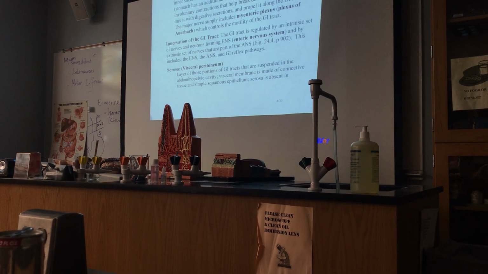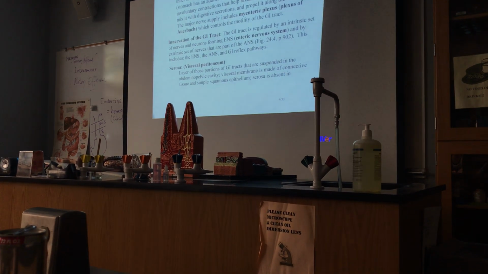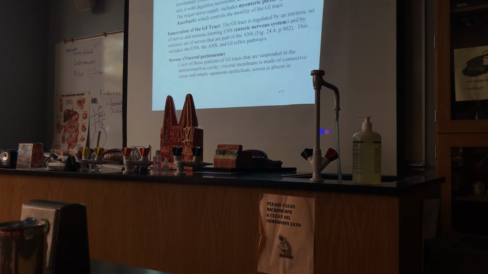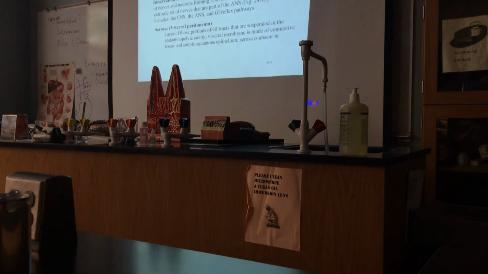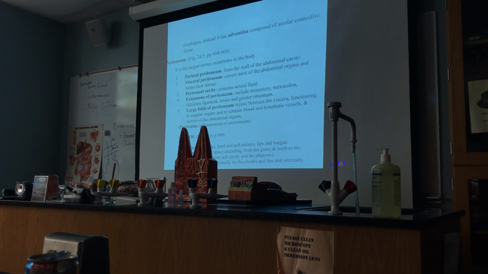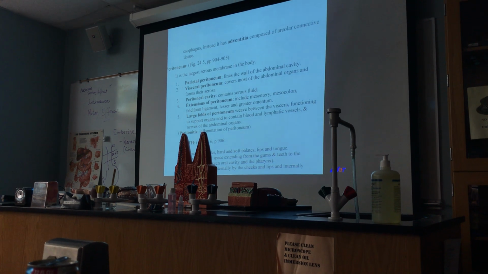The visceral membrane is made of connective tissue and simple squamous epithelium, and serosa is absent in the esophagus. Instead, there is adventitia, composed of areolar connective tissue. Okay, I will let you go.